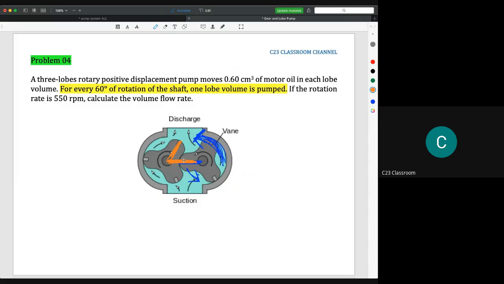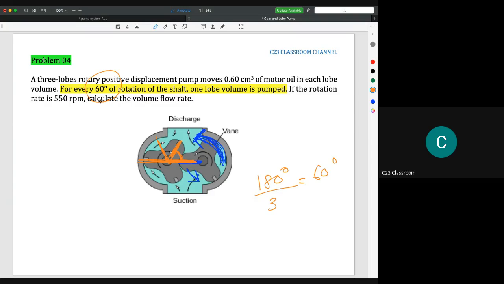So from this motion, you will find that this is actually 180 divided by 3. So you will have 60 degrees. That's why you must know that for every 60 degrees of rotation, one lobe volume is pumped.